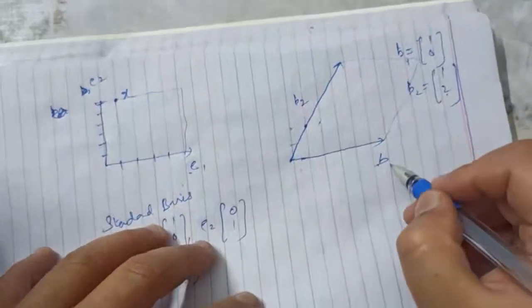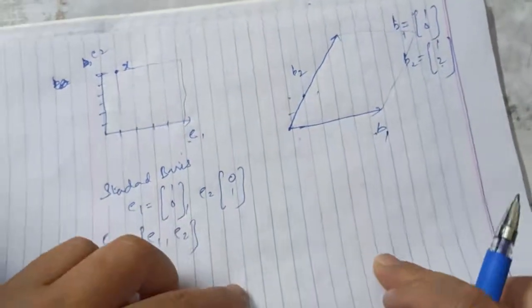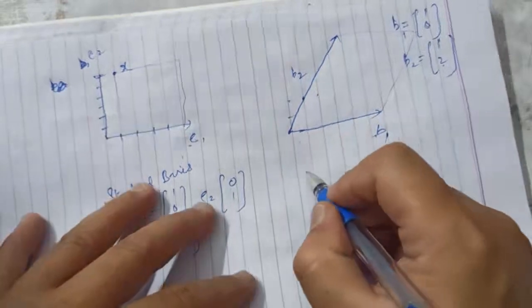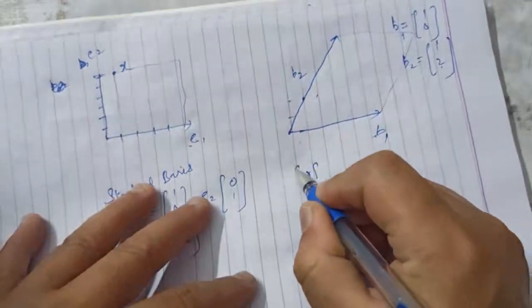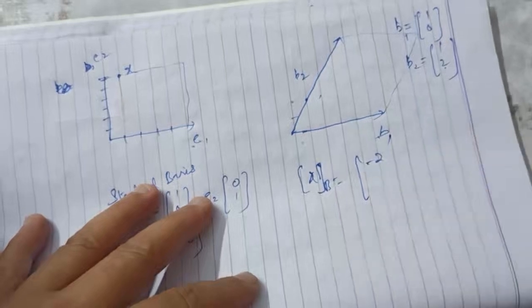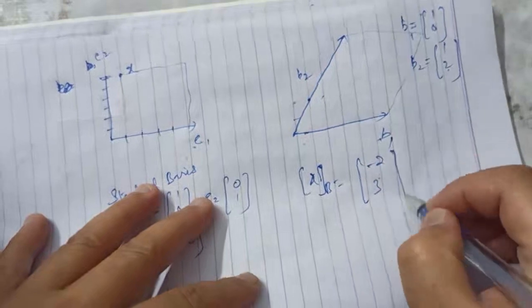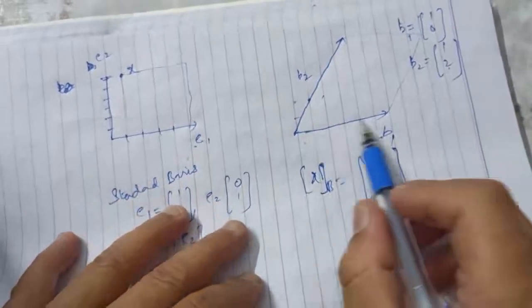So this is b1, this is b2, okay? Now if you see that equation in which you have defined x of b as (-2, 3), if I remember exactly, right? So in this one, this is b1, this is b2.